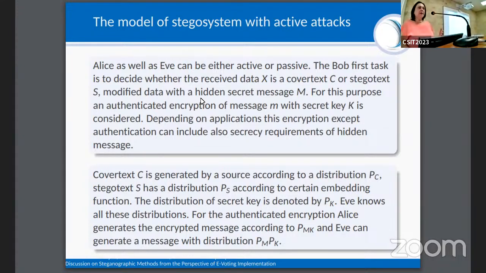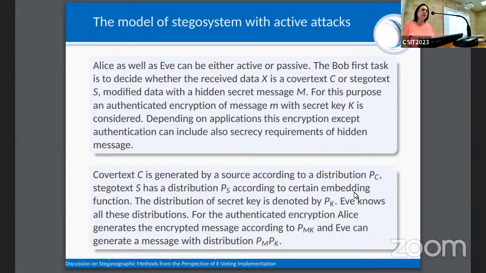And after that, Bob must decide if this message is sent from Alice or from Eve. For this purpose, we use the secret key for authentication. And we suggested to consider two-step hypothesis testing.